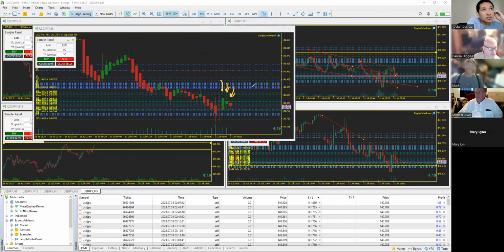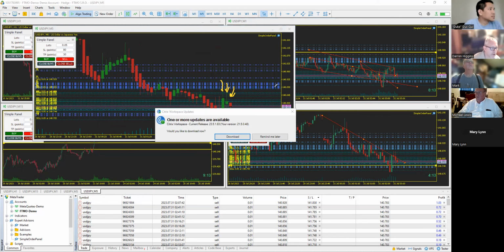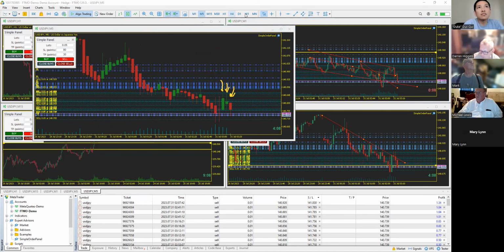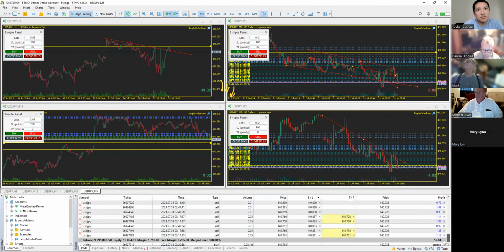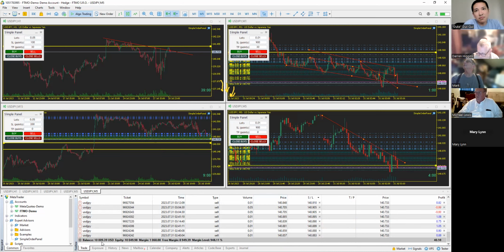And there we go. So all of my trades are now TP, but I had a set of them that lost earlier, so I need to pay for them. So this should pay for them. See, I'm back to profit now.